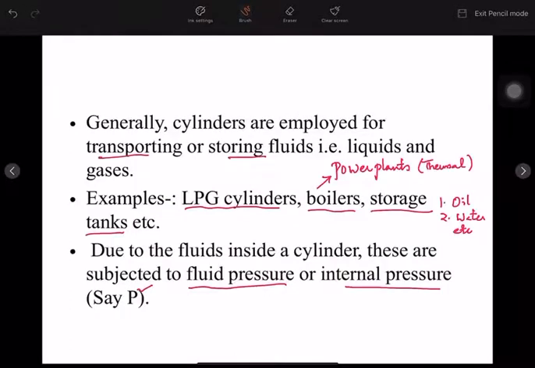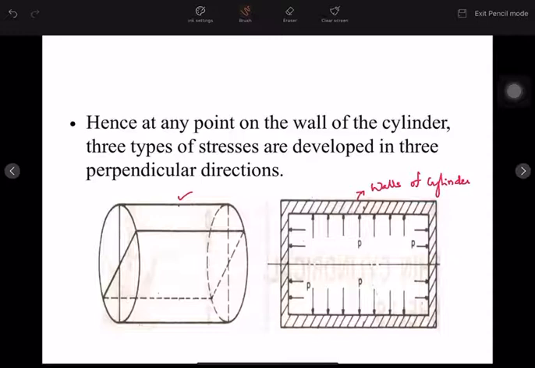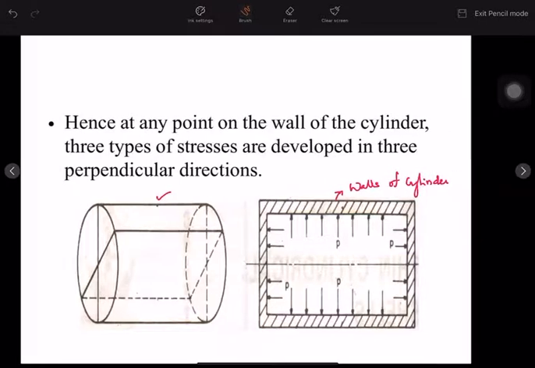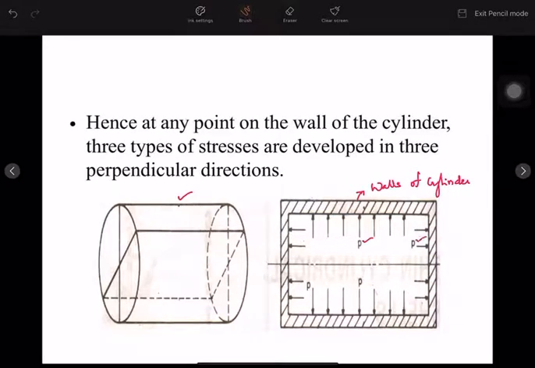As we have mentioned, these cylinders are subjected to internal pressure, capital P, like this, and this will be common in all directions, which we'll discuss in our assumptions later.